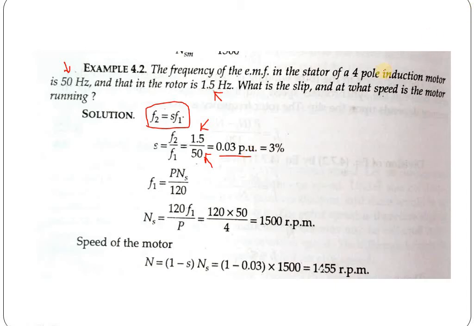Now, we have to calculate at what speed the motor is running. So, F1 equals P into Ns divided by 120. So, Ns equals 120 F1 by P. So, Ns will be 1500 rpm, and the speed of the motor will be N equals Ns into (1 minus S), that is 1455 rpm.